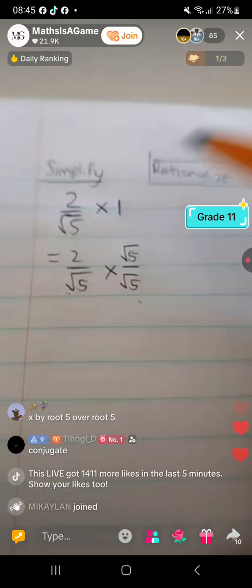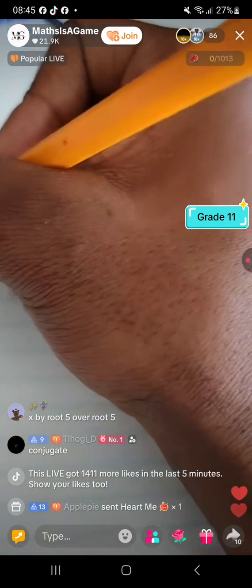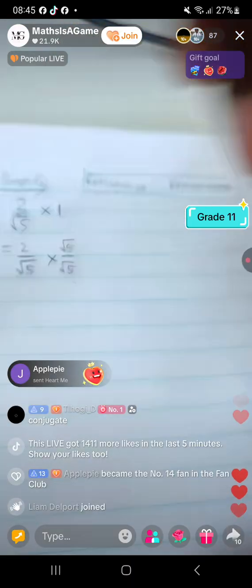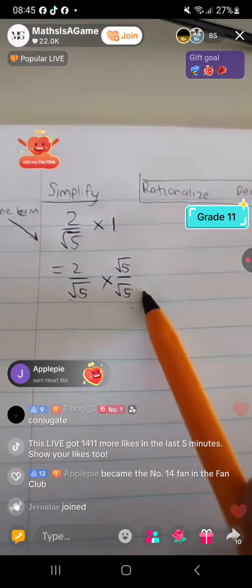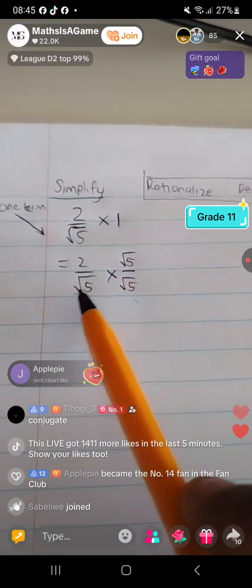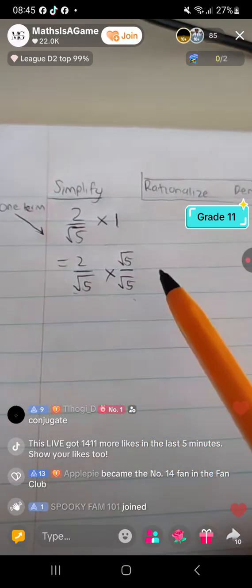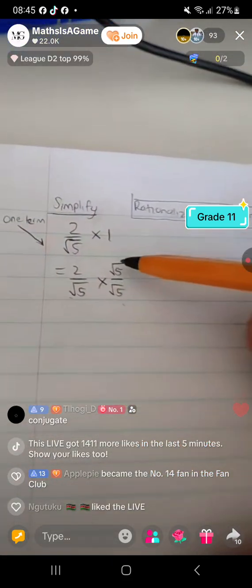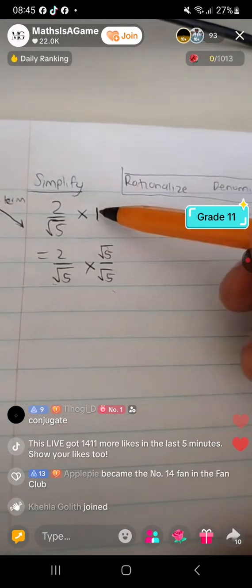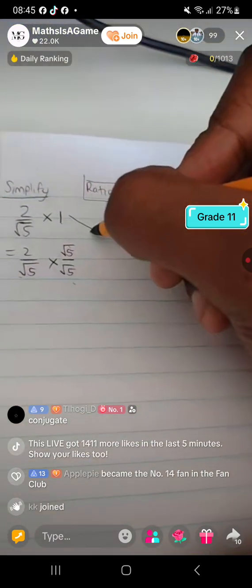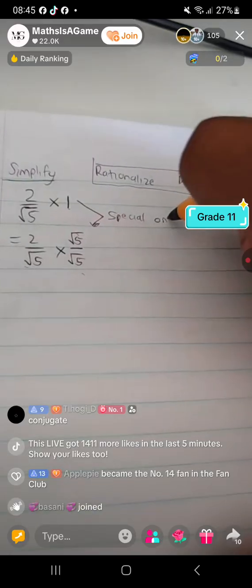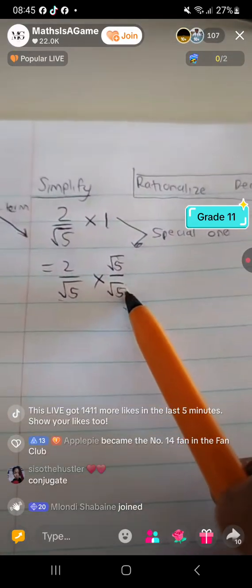If there is one term in the denominator, we multiply by that same root 5. But what we do at the bottom, we do at the top. So what is root 5 divided by root 5? It is 1. So this here, guys, is a special one that we multiply by.